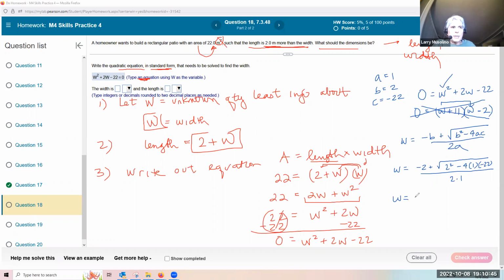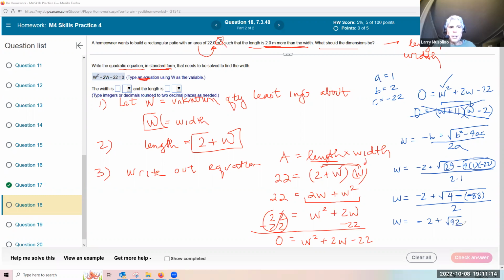Negative 2 plus the square root of, actually, let me work out the square root manually here because we can do this easily. 2 squared is 4 minus, now I'm going to do this multiplication. 4 times negative 22 is a negative 88, all over 2. But 4 subtract negative 88 under the square root symbol flips to be 4 plus 88. 4 plus 88 is 92.